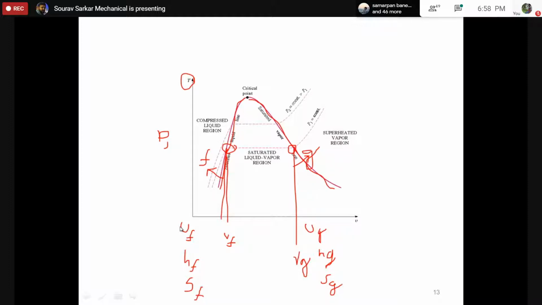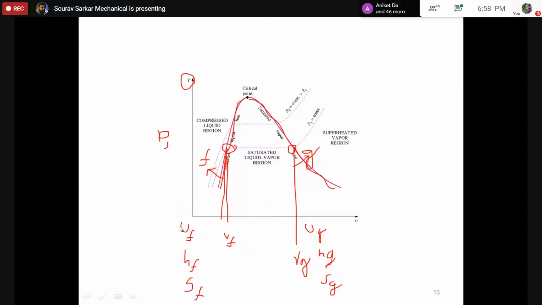Simultaneously, you have the internal energy of the saturated vapor, and the specific volume of the saturated vapor.